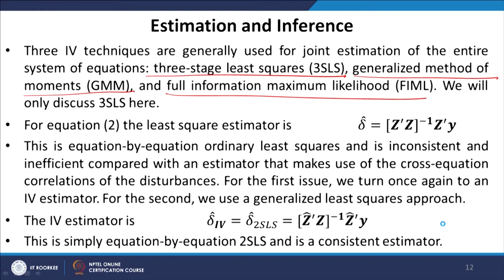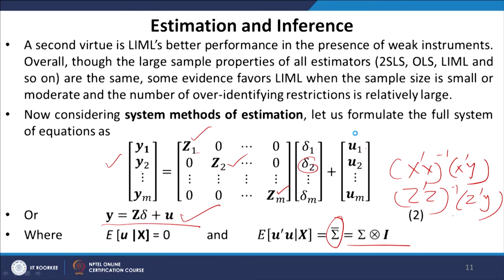So, we denote delta hat, the estimated OLS parameters, by z prime z inverse z prime y. This is equation by equation ordinary least squares and is inconsistent and inefficient. It is inconsistent because, as you can see, z consists of endogenous variables and z and u are correlated, but still we are going ahead with OLS.